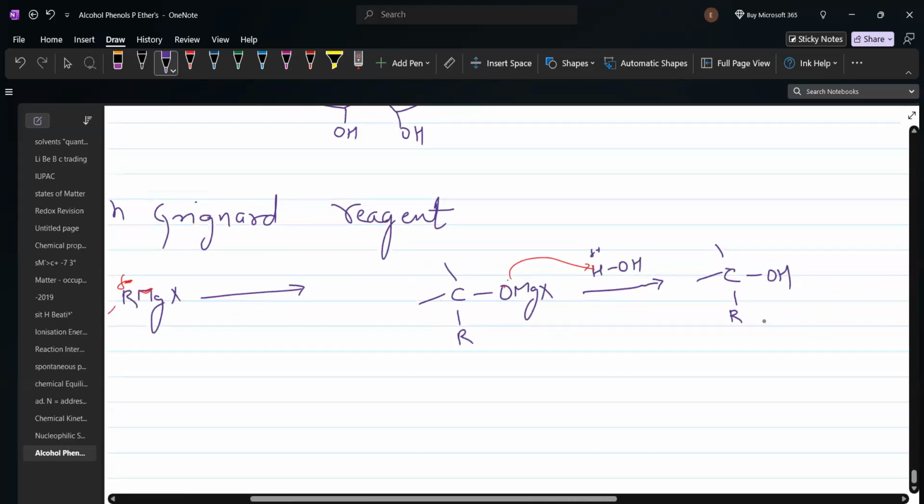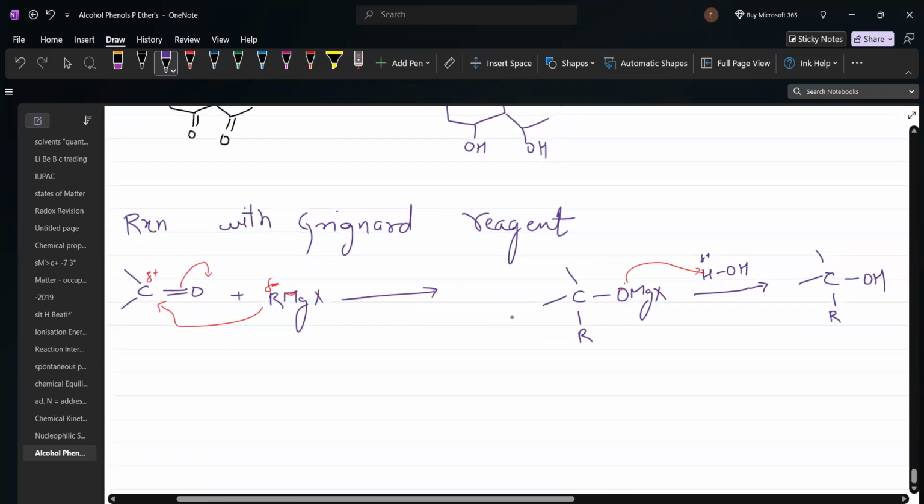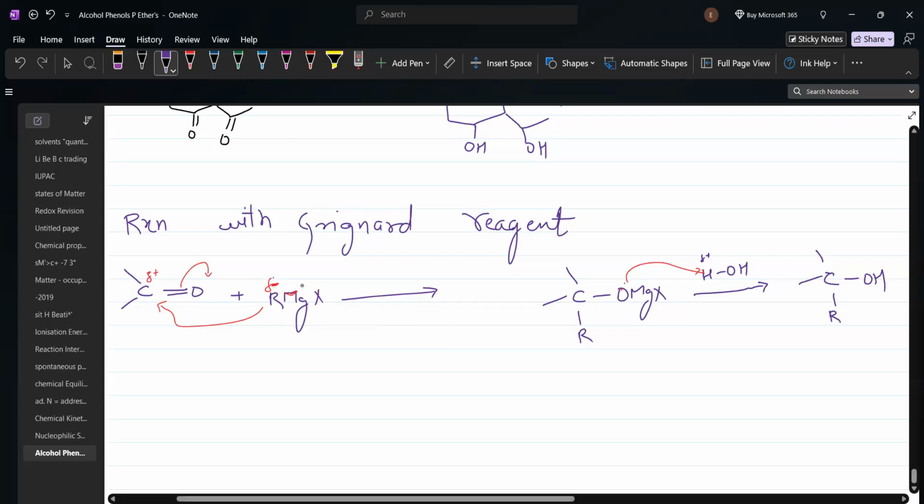Understood everyone? The reaction mechanism is not important, but you should still know what's going on. Let me repeat. The carbon having partial positive charge is attacked by our Grignard reagent, because R has partial negative charge.